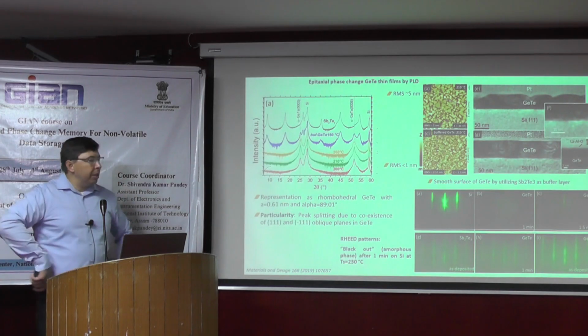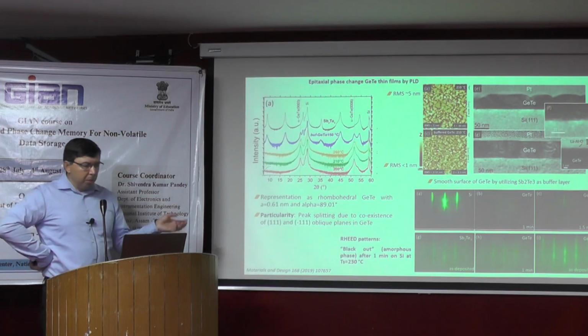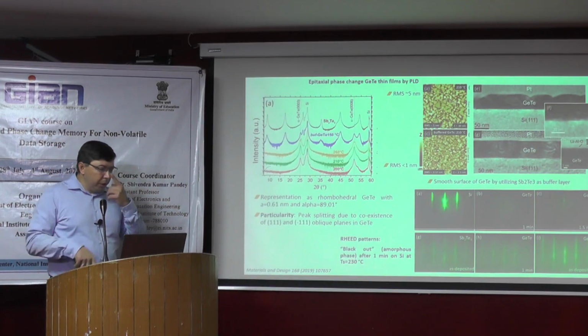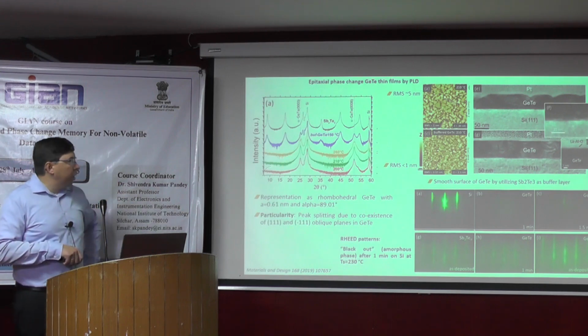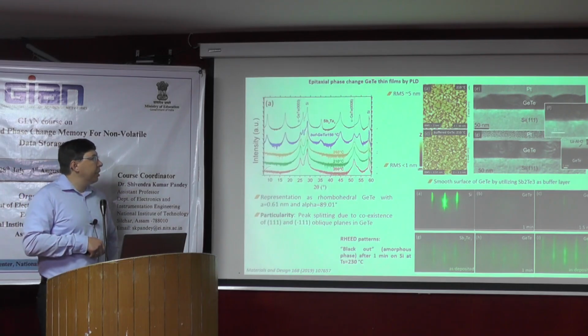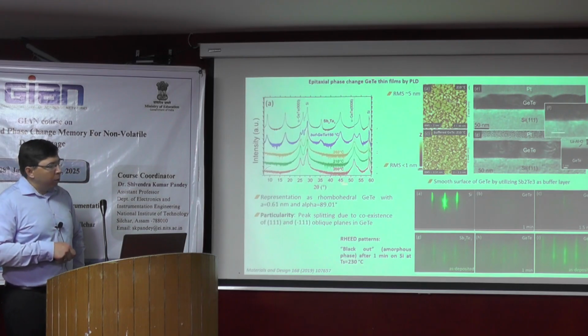Now, this material can be obtained as a bulk, as powder, as a single crystal, but you can also grow it as a thin film. It also starts to crystallize at a relatively low temperature, epitaxially, starting from 200 centigrade, and it grows.